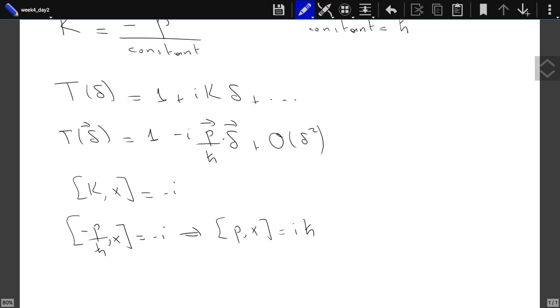Am I missing some sign somewhere? No. Well, there seems to be a sign problem somewhere in our derivation.